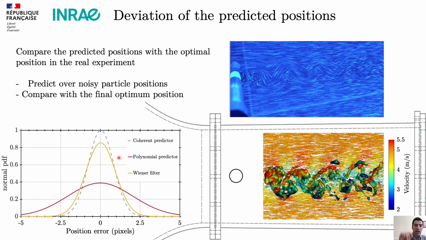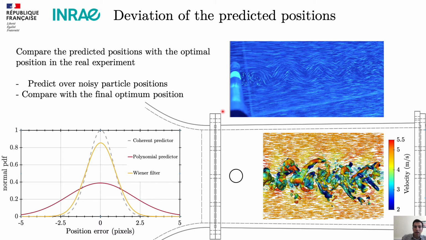In this way, we can see that the polynomial predictor is still the worst case, and the Wiener filter showed better performance in a real experiment. By its definition, it's supposed to work better in noisy conditions. That's why we have better performance using the Wiener filter, but the coherent predictor still outperformed it.